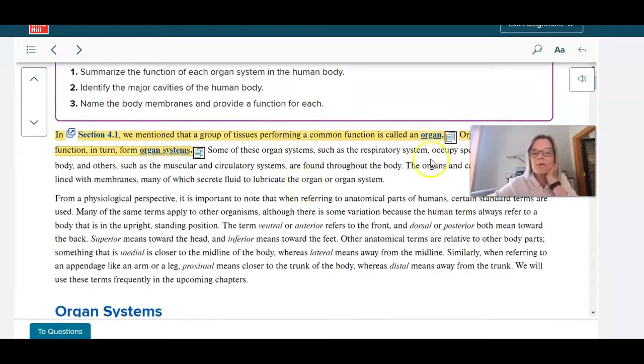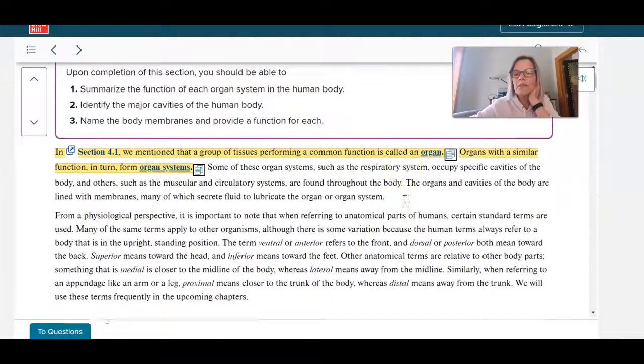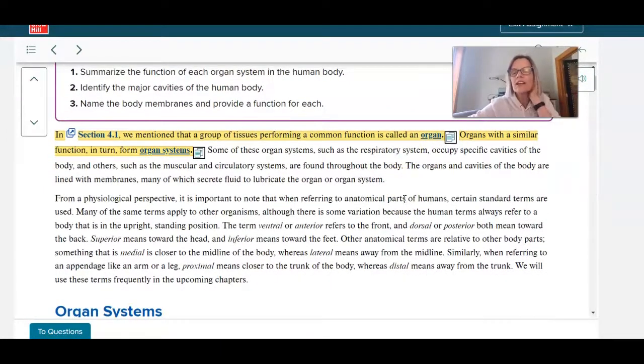So first thing I want to talk about is just the definition of an organ, and probably anybody, even a little kid, could give you an example of organs in the body. But as far as when we're talking about anatomically, remember we started off with the levels of complexity, and we said all matter is made of atoms. Atoms come together and make molecules.